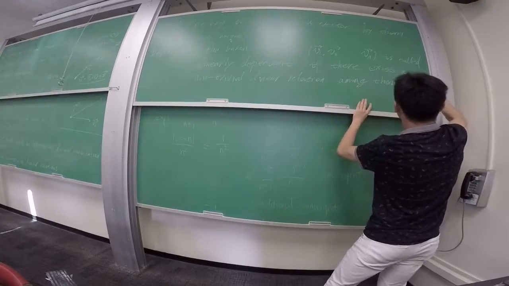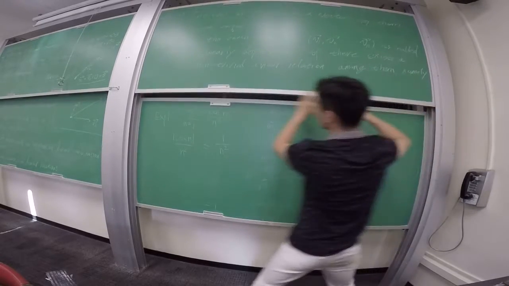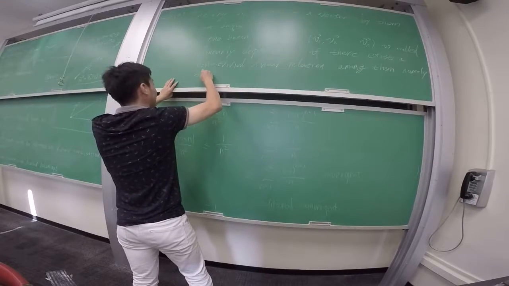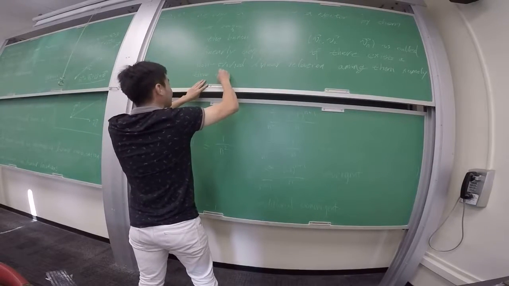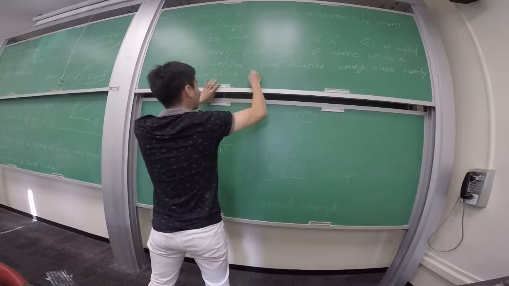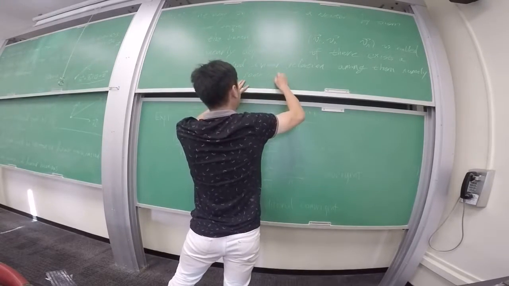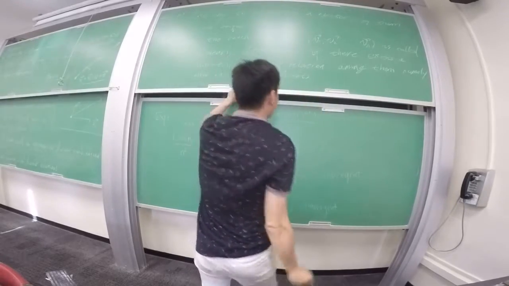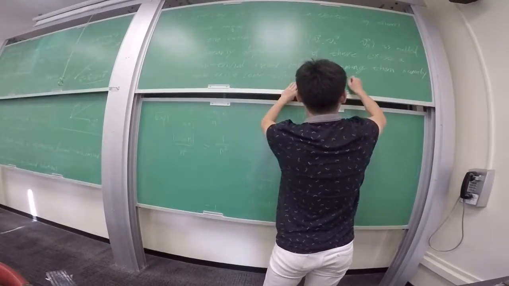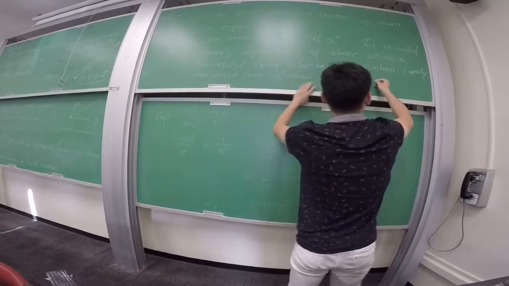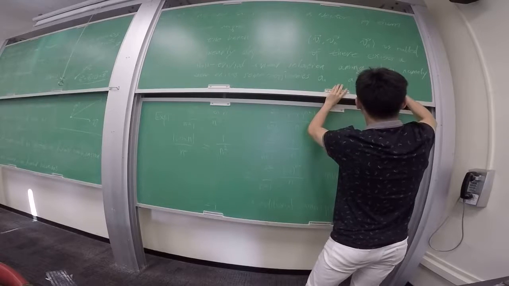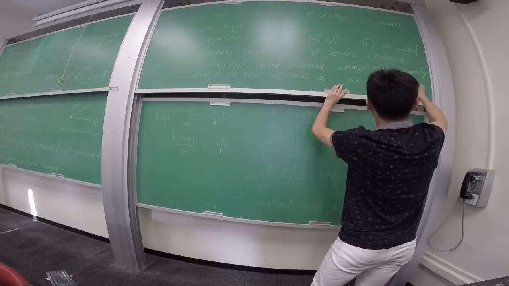So maybe there exist some numbers, some coefficients, let's say A1 to An, in which the sum of Ai is not equal to 0.